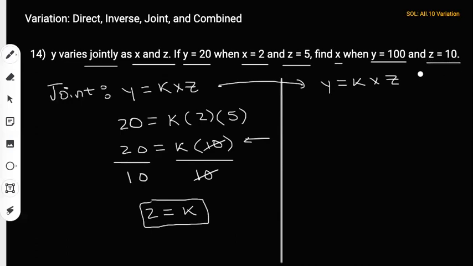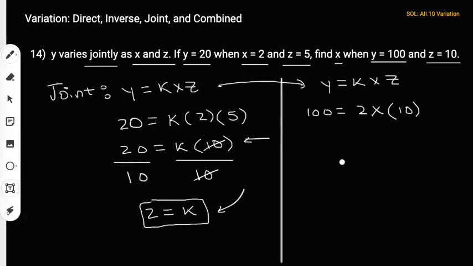So I'm going to use these two numbers to plug in next. I know that y is 100. It tells me that. I know that k is going to be 2. And then it doesn't tell us what x is, so we have to leave it as the variable x. But it does tell us what z is. Z is going to be 10, right?